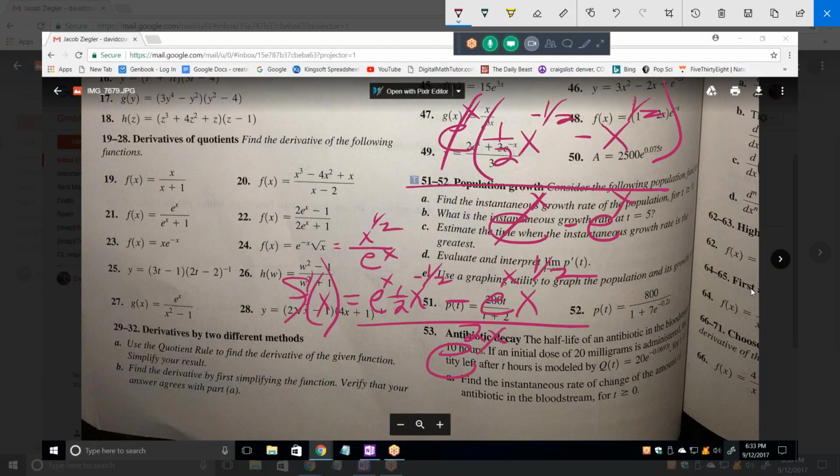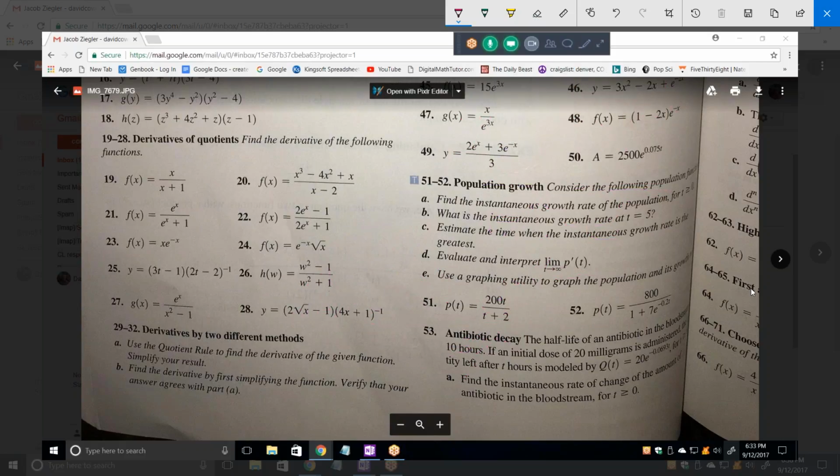Whereas it did do some good to factor out the e to the x, because I had one in the bottom. And that's how you kind of have to proceed with some of these, especially when you're using the quotient rule. The quotient rule is easy to apply if you just remember start with the bottom and end with the bottom squared. What's difficult is simplifying it after you've done that. It's almost always more complicated. In other words, there's usually some manner you can simplify it.